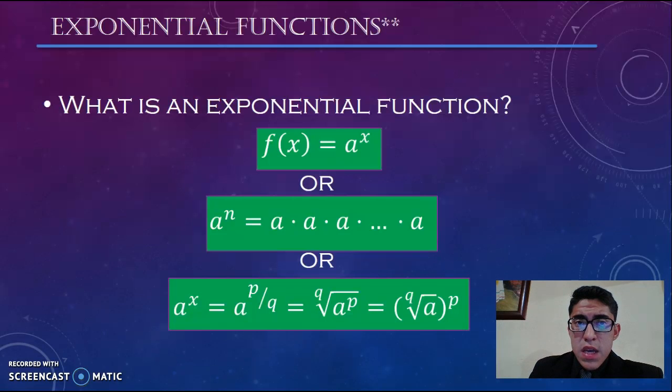If x is equal to n, a positive integer, then a^n is equal to a times a times a, n times. If x is a rational number p/q, where p and q are integers and q is not 0, then a^x is equal to a^(p/q), which is equal to the q-th root of a^p.